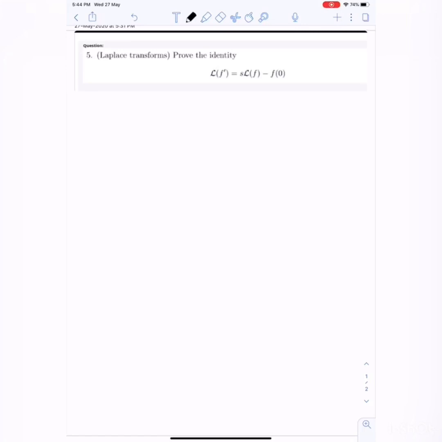So let's start with what we do know about the Laplace transform. The Laplace transform of any function f(t) is equal to the integral from 0 to infinity of e^(-st) times the given function dt.